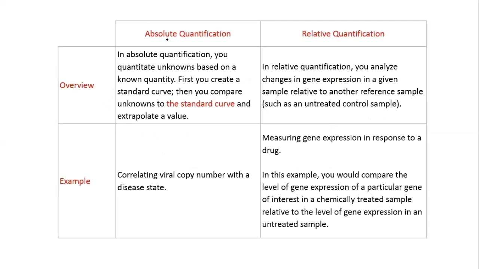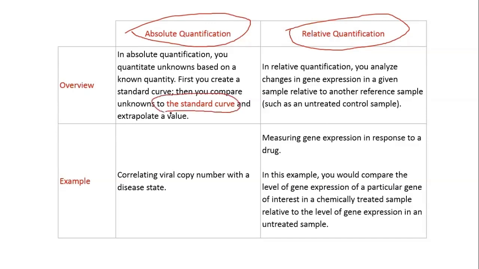What is the difference between absolute quantification and relative quantification? In absolute quantification, we can tell the quantity, the amount of DNA or RNA present, using the standard curve. In relative quantification, you can say how much of a gene has been expressed.